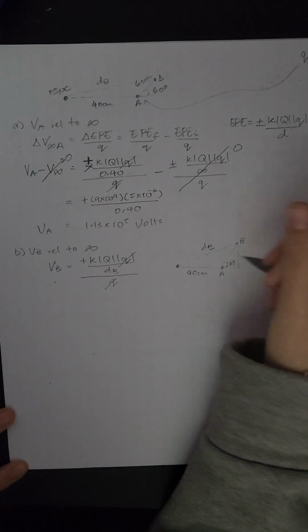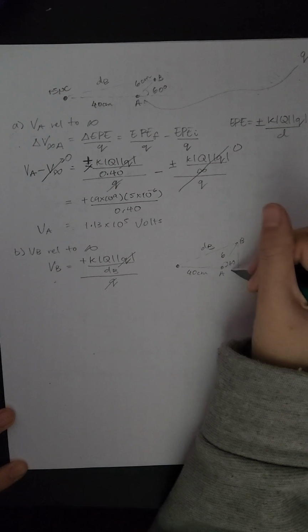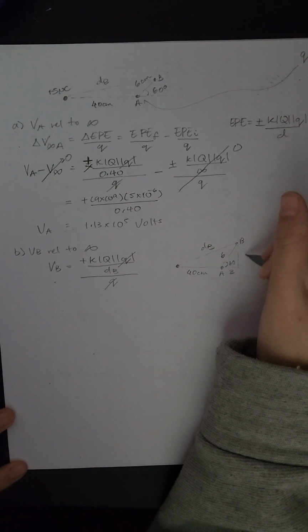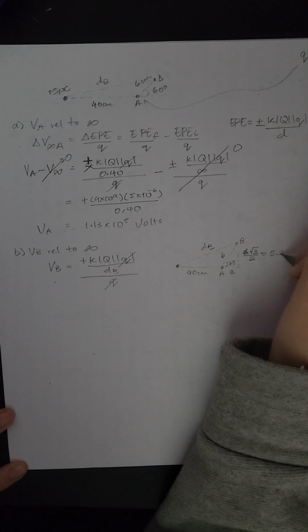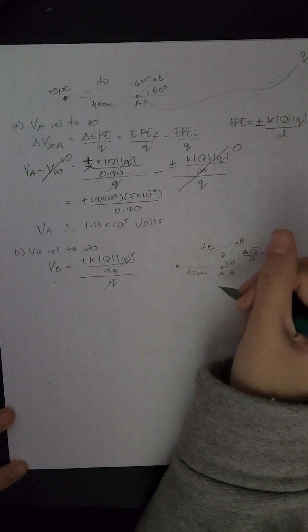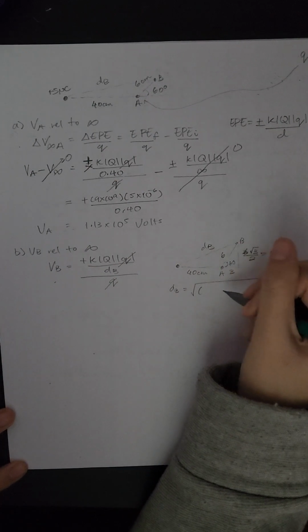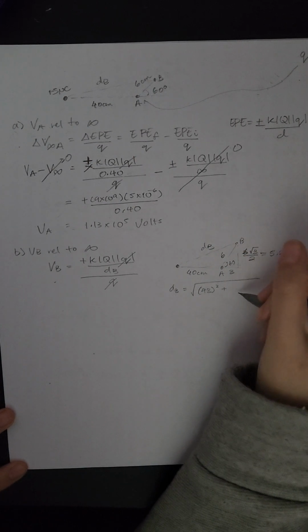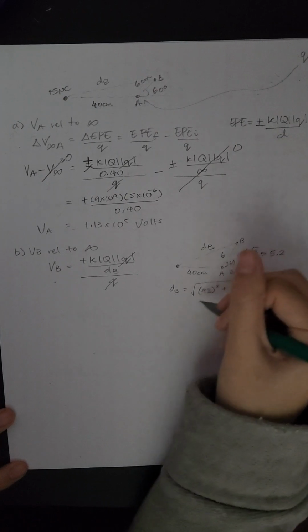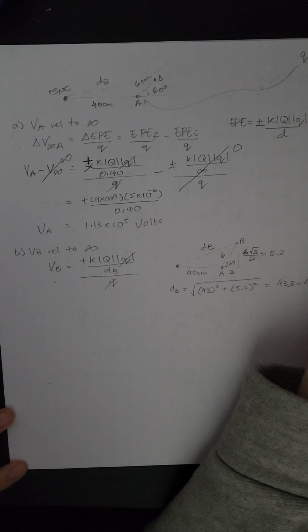So if we know that this is 6 centimeters, then the shorter side would be 3 centimeters, and this side would be 6 times square root of 3 over 2, which is 5.2. So now we could do the Pythagorean theorem, square root of 40 plus 3, 43 squared, plus 5.2 squared, and we get 43.3, which I'm going to approximate as 43 centimeters.